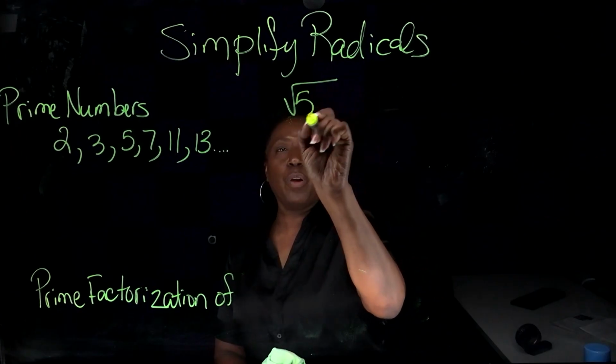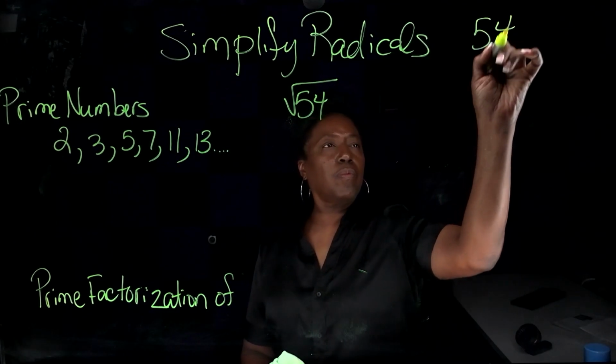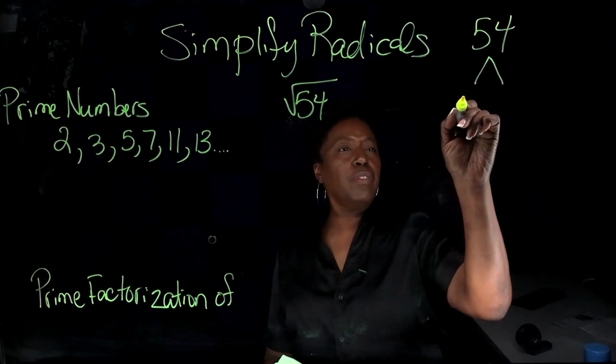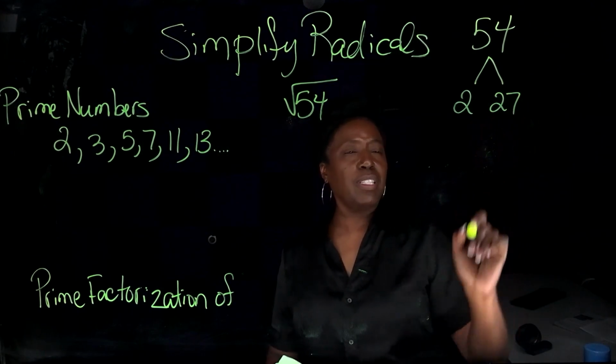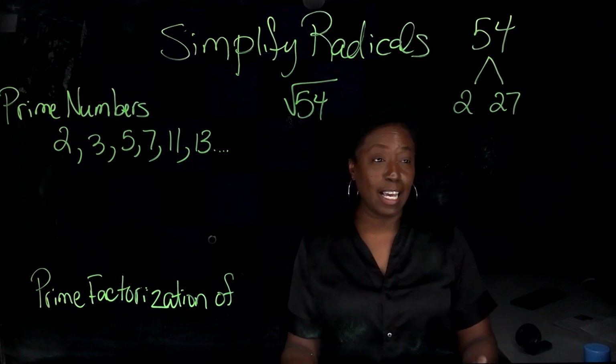Looking at, again, the square root of 54. Two is a factor of 54, so we'll write 2 times 27. Again, it does not matter how you start. I could have used 9 times 6.